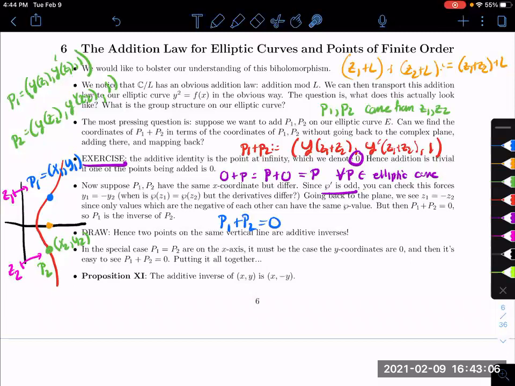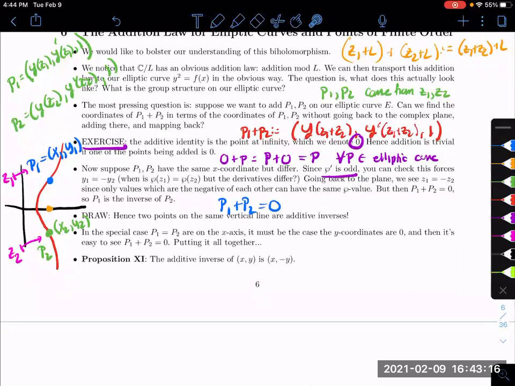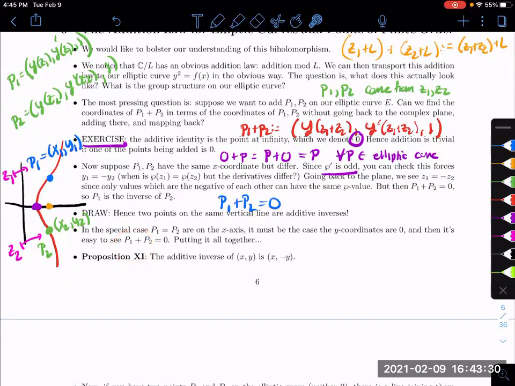Never mind. Okay, what if p1 equals p2 and both of them are on the x-axis? Well, by the above discussion, maybe we're over here. Since both of the y-coordinates are 0, what you will also see in this case is that p1 plus p2 is still equal to 0.